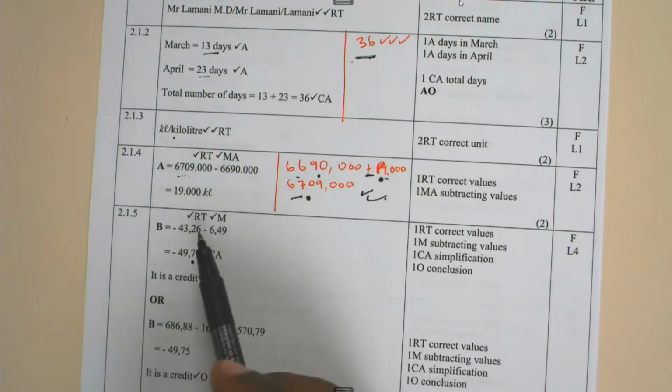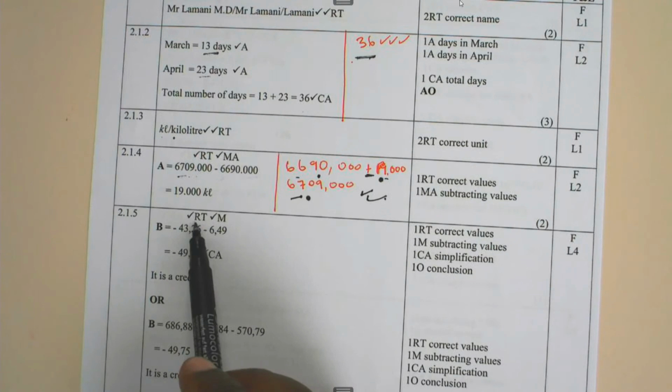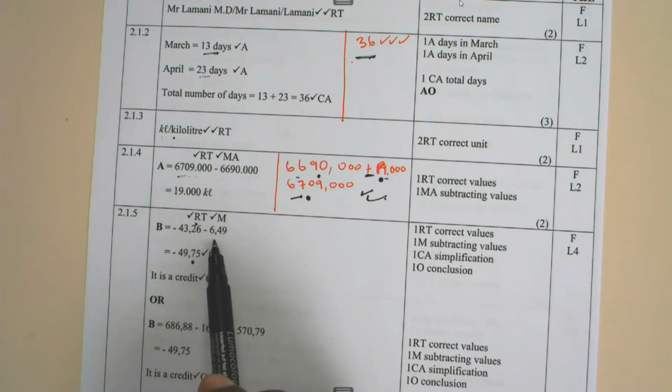Then the learner will get 1 mark for RT for the reading from the table, and another mark for subtracting the values.